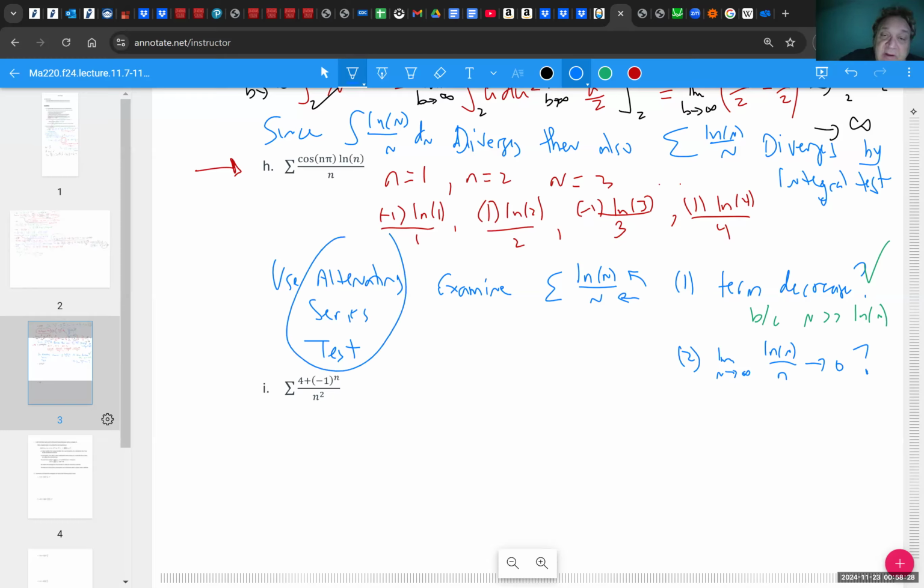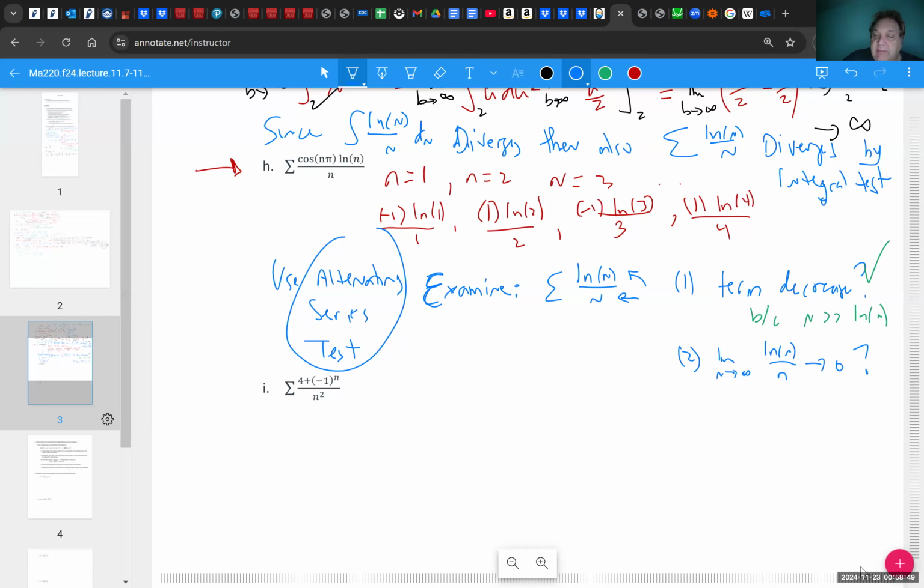Alternating series test, we examine, this word is supposed to be examine. Can't read my own handwriting sometimes. Okay, most of the times. So we're examining this series without the negatives. We need to find out the limit to see if it goes to 0.